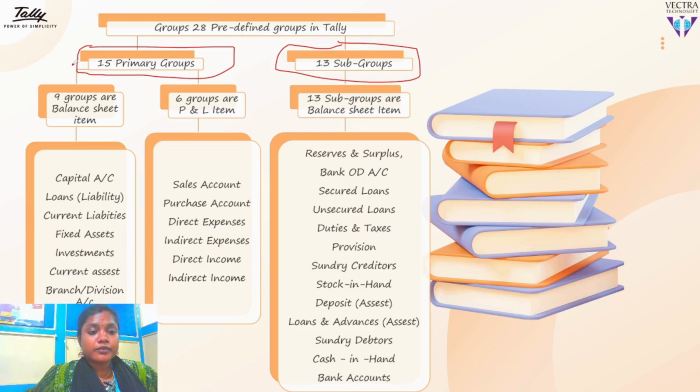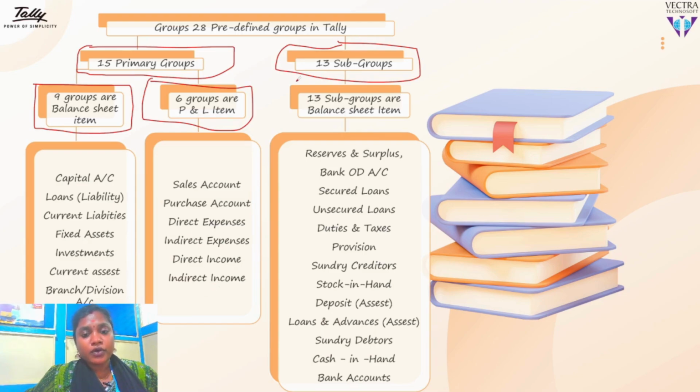Of the 15 primary groups, 9 are balance sheet groups and 6 are profit and loss items. The 9 balance sheet groups are capital, loans liability, current liabilities, fixed assets, investments, current assets, etc. The 6 profit and loss groups are sales accounts, purchase accounts, direct incomes, indirect incomes, direct expenses, indirect expenses, etc.